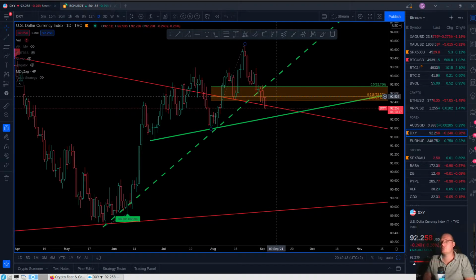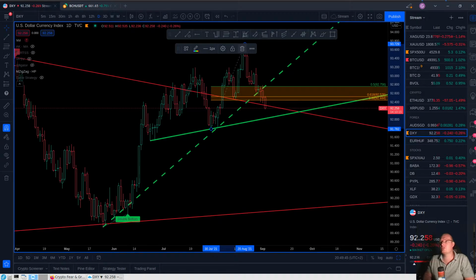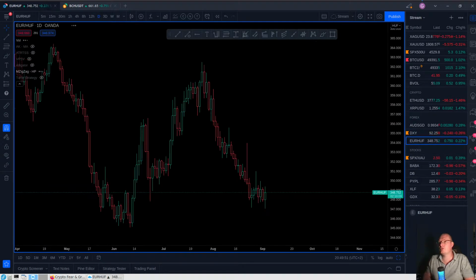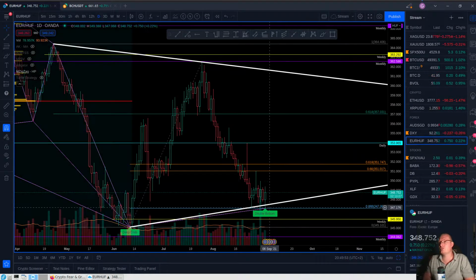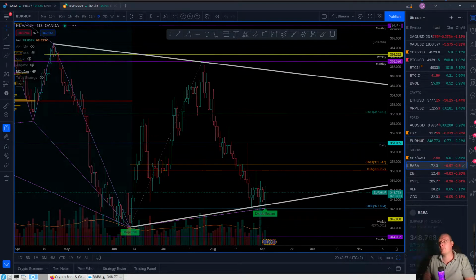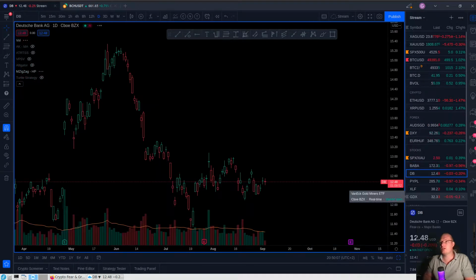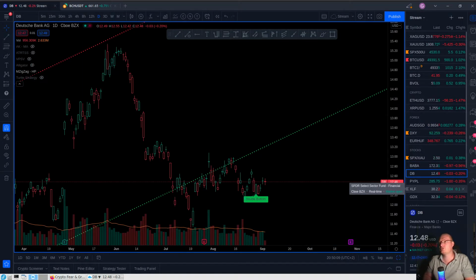Okay, let's remove the Fibonacci retracement. It's not very useful for the moment. Euro Hungarian forint, retest of the lows, also not much here. Then we have the Alibaba long position. Today we had to give back about 0.5%. Deutsche Bank also fairly neutral.